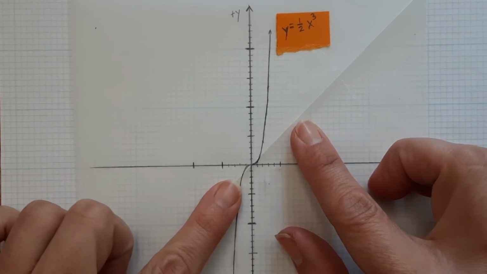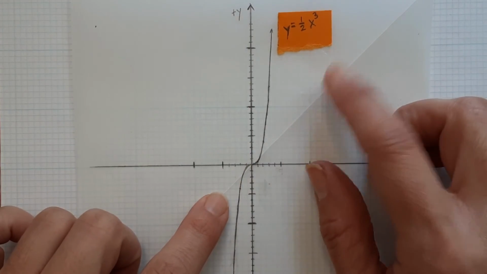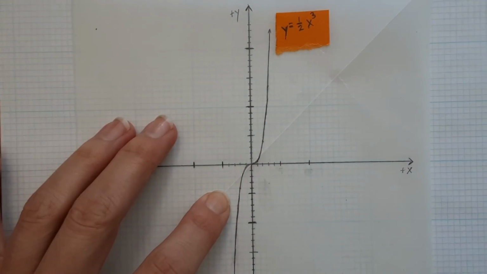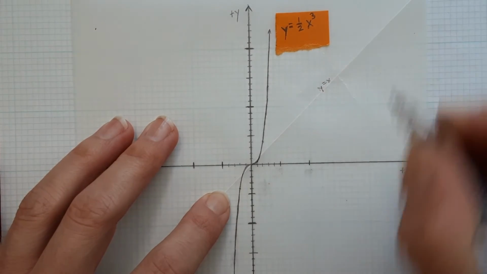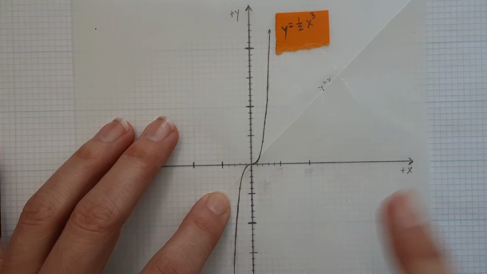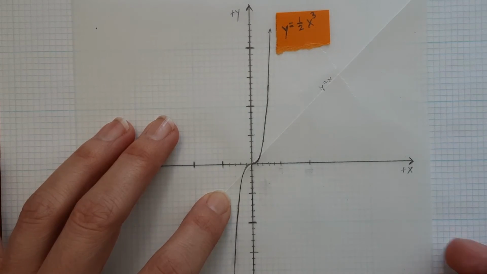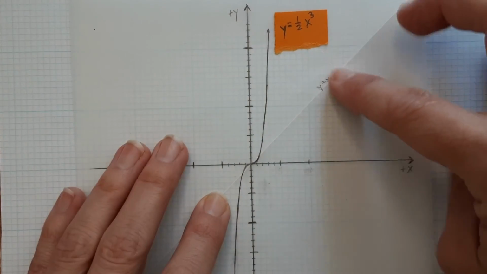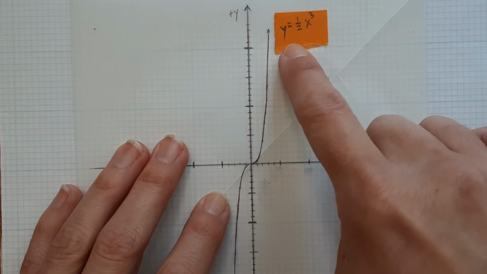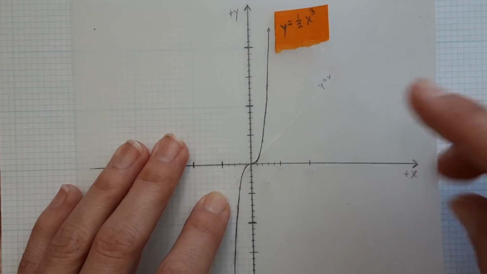The fold line is all of the places where the y coordinates are equal to the x coordinates. This is the line y equals x. Those are all the pieces that stay the same when you do that transformation. So here is my function. It is y equals 1/2 x cubed.